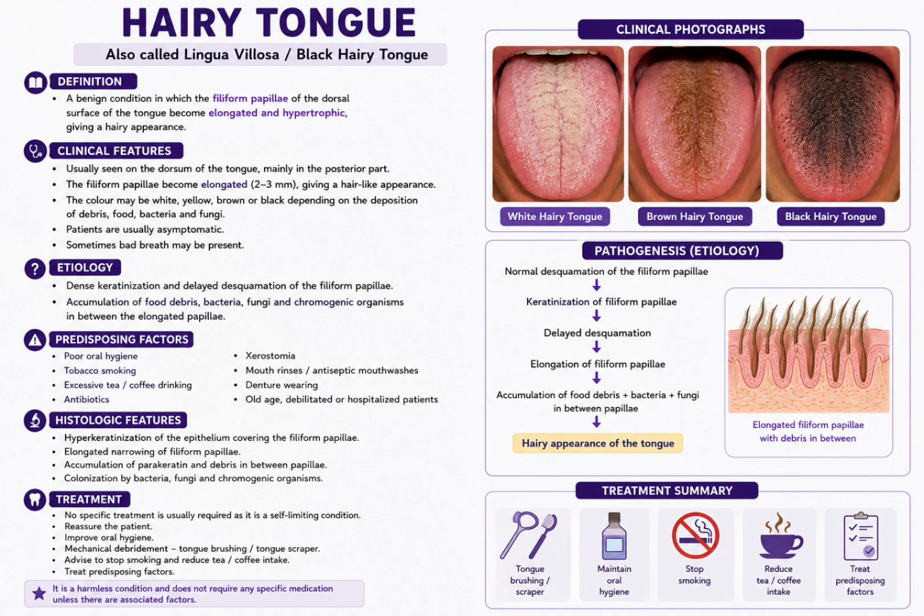Coming to the histology, there are long filiform papillae and hyperkeratosis, with food debris, bacteria and fungi deposited. The treatment of choice is podophyllin, a keratolytic agent.